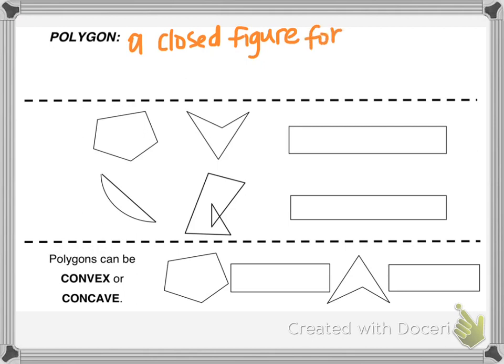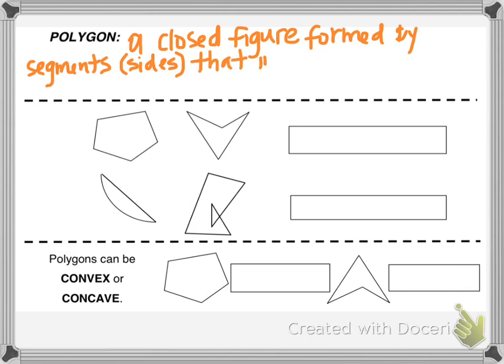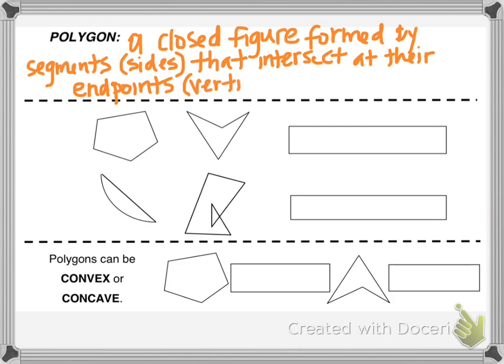And it's formed by segments, which are the sides of the polygon, that intersect at their endpoints, and those intersection points are called the vertices, which is plural for vertex.